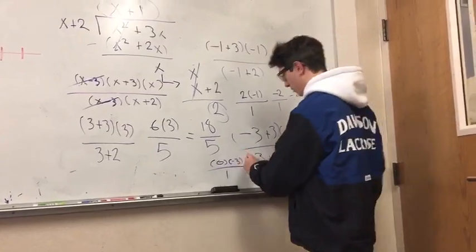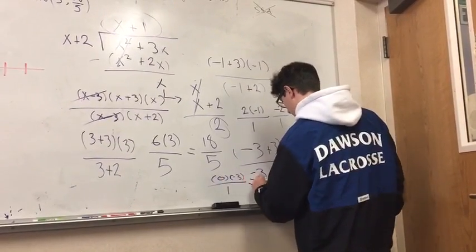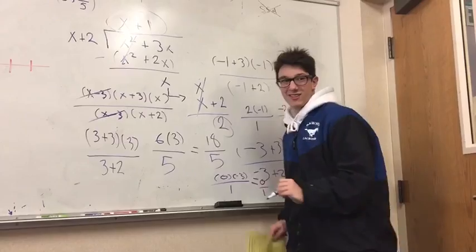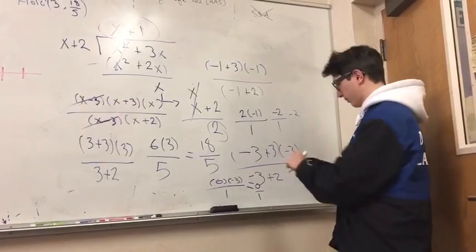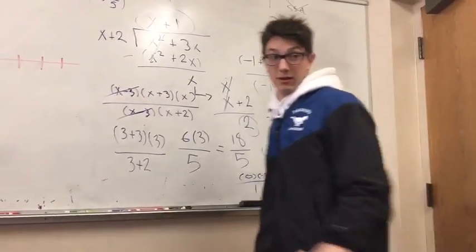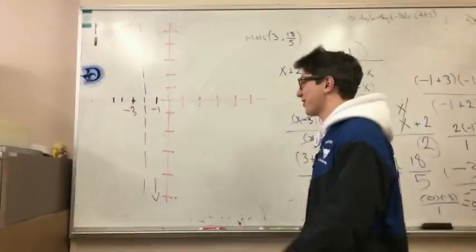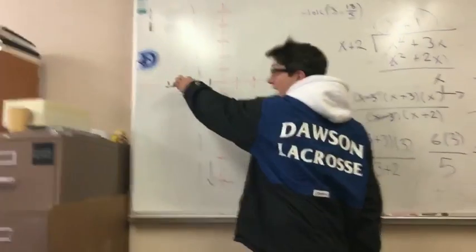So now we'll get 0 over 1. So that will be going up, right? Alright, so what we can see here is we actually found an x-intercept.